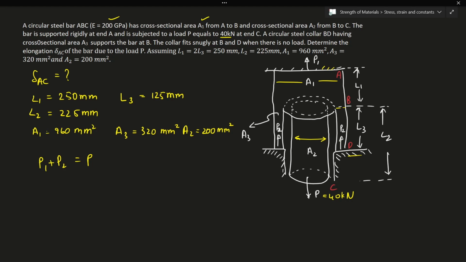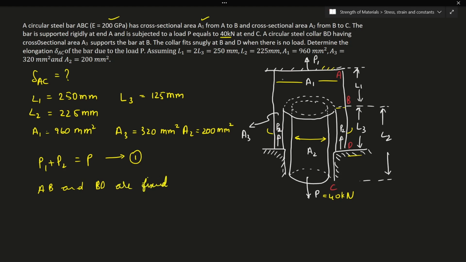We are not supposed to take P2 plus P2, that doesn't make any sense. This is an entire single body here. At AB, this is one single body. So again, P1 plus P2 is equal to P. Now again, I'll call this equation 1. Now AB and BD are fixed.